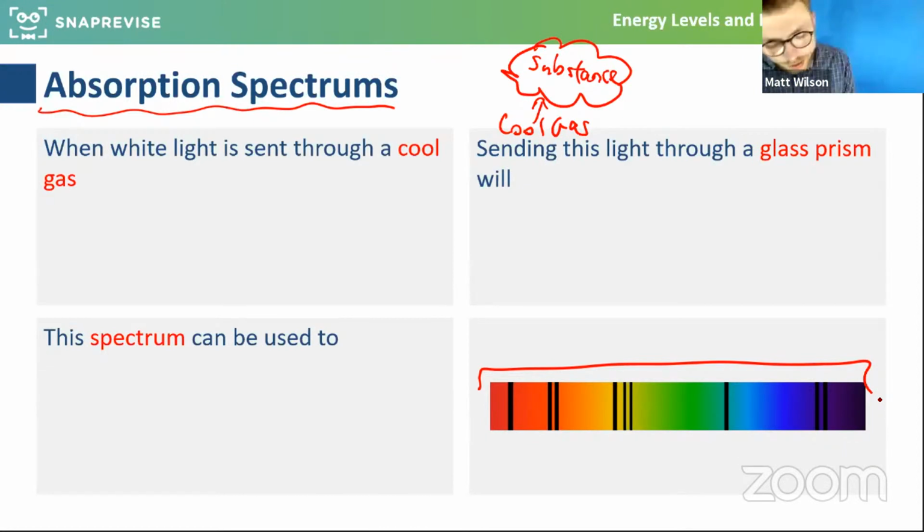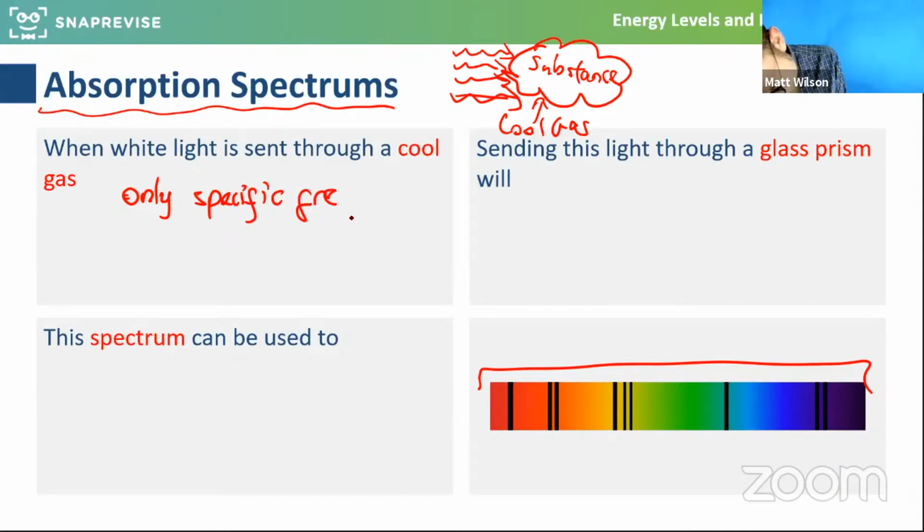However, when white light is sent through the gas, so here's white light with lots of photons of lots of different frequencies being aimed at it, only specific frequencies will be absorbed.